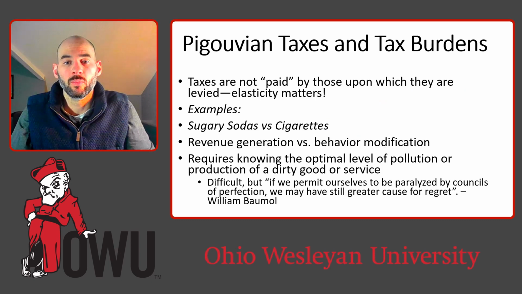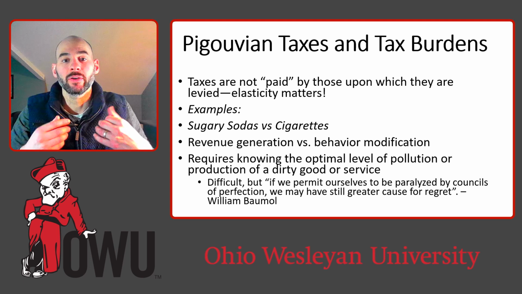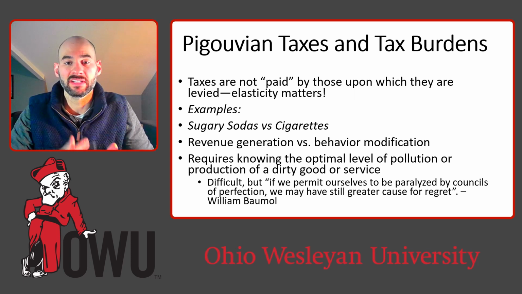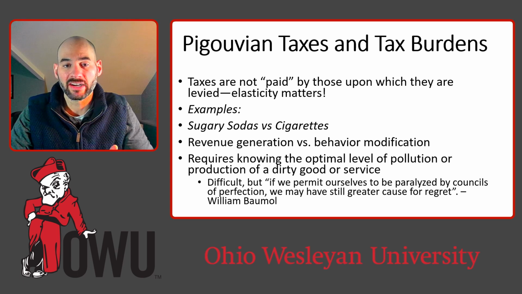However, the problem with using taxes to correct for externalities, as alluded to earlier, is that taxes are not paid by those upon which they are levied, meaning that the real payer of a tax isn't who the government says it is, it's who has the least elastic demand or supply curve.